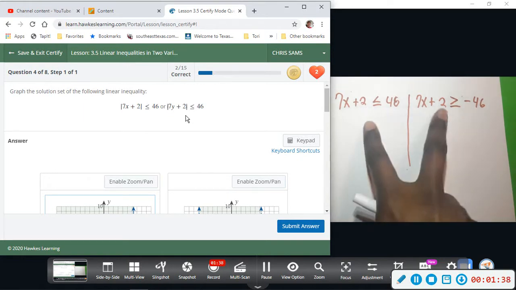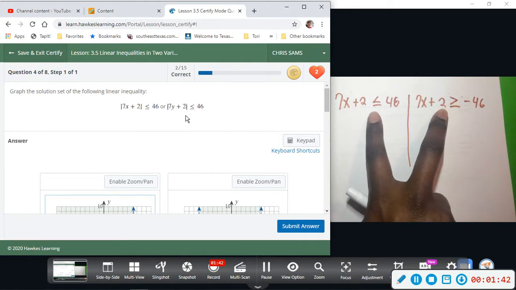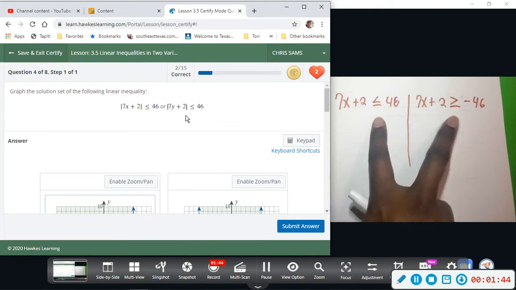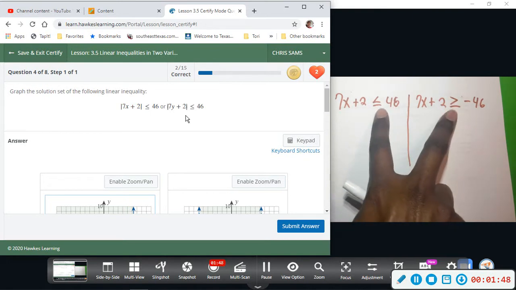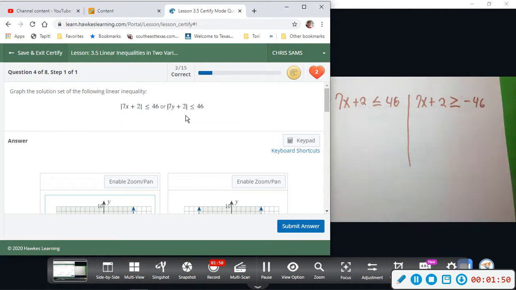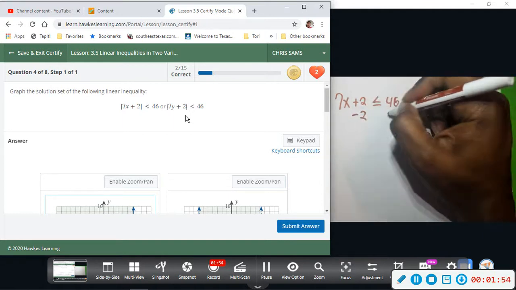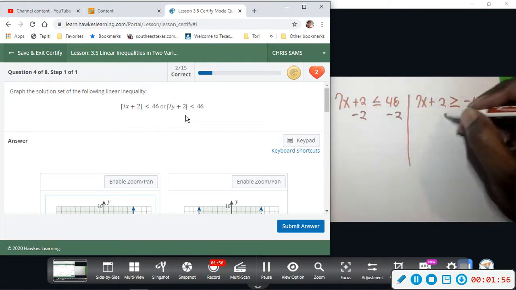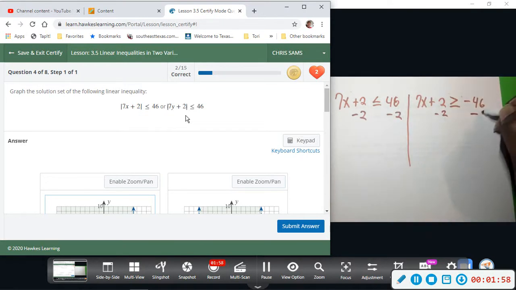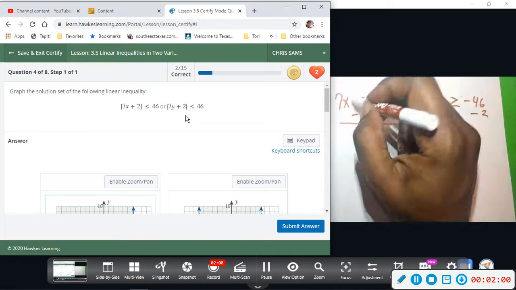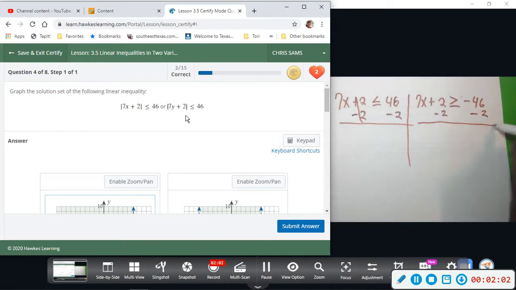And so what I was mentioning is we would do the same thing for y, but instead of doing this expression twice for y, whatever answer we get, we'll just write y is greater than or less than that, just to save a little bit of writing. So we're going to subtract 2. The 2 will go away on both sides.